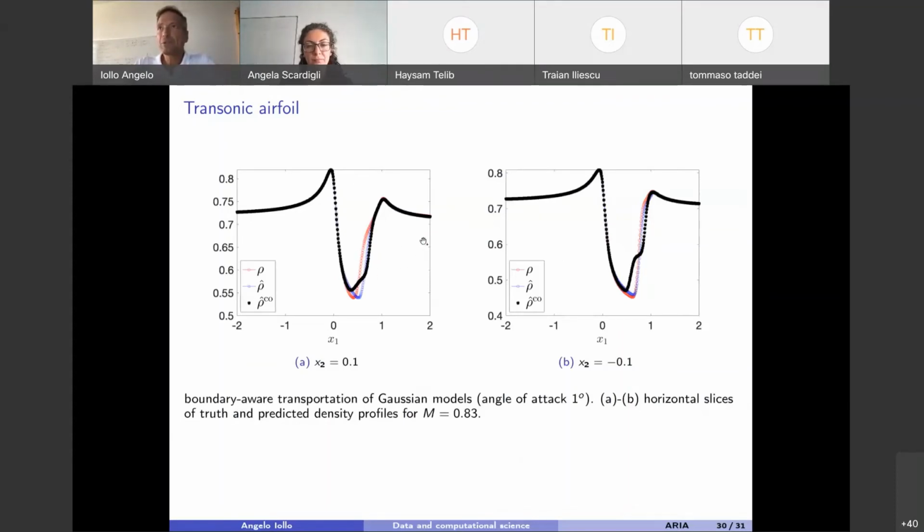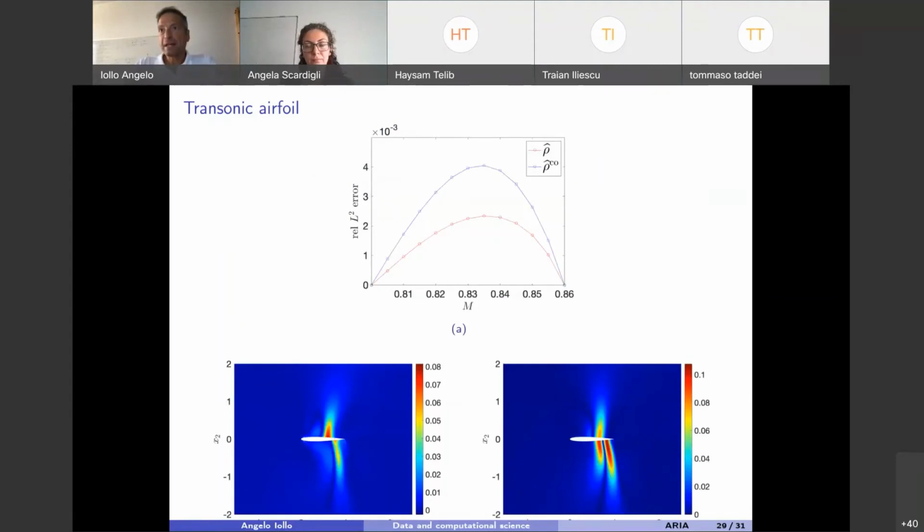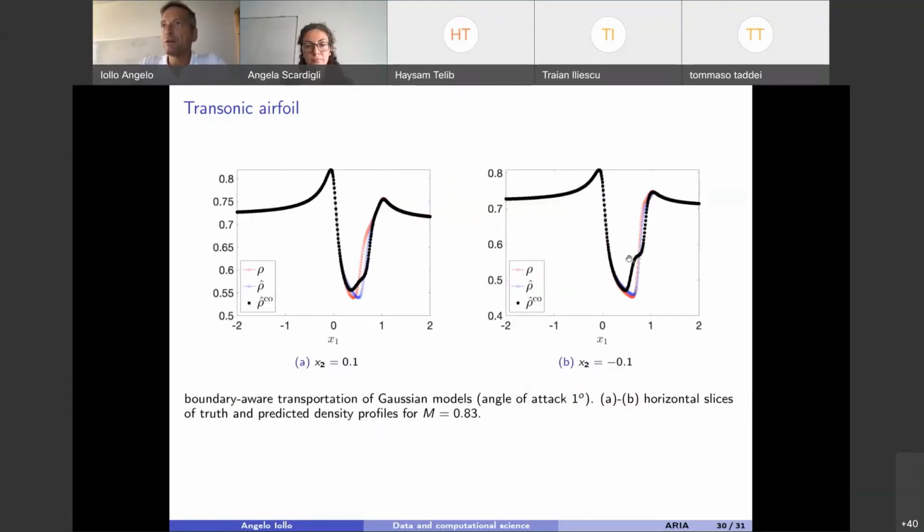If we now look at the cuts at different heights of the solution, we see that on the suction side, which is here on the right, everything goes well, okay? The interpolated solution almost exactly fits the full order solution. Whereas on the pressure side, there is this shift between the two solutions.